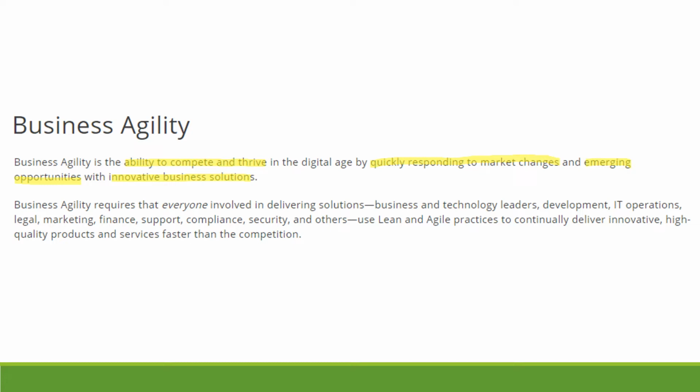Let's understand what is business agility. Business agility is the ability to compete and thrive in the digital age by quickly responding to the market changes and emerging opportunities with innovative business solutions.